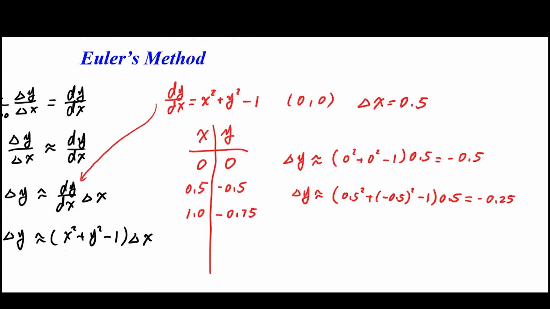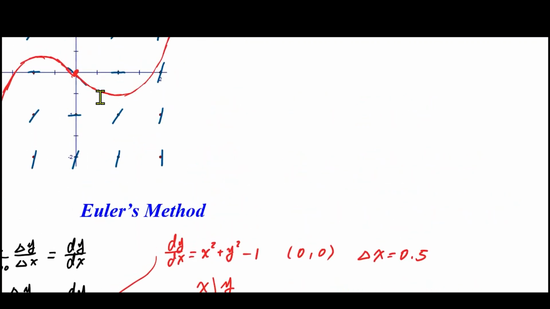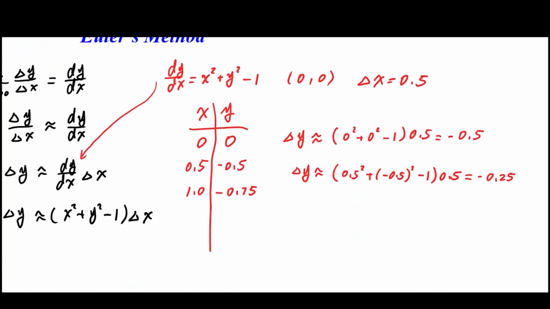Let's see if that agrees with our curve. So we increased another half, and this is about flat, but it's slightly lower than before, right? It's going to lag behind, and I will explain soon why that is, but it somewhat agrees with our curve.